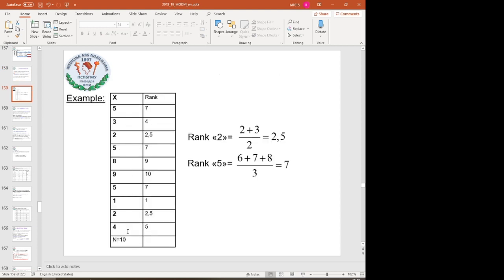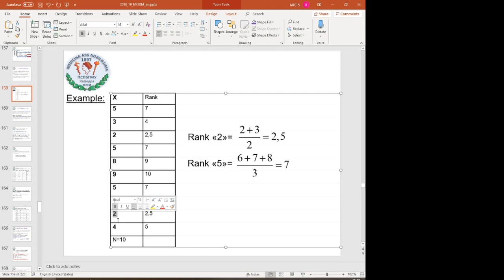Let us have 10 measurements, and some of them are the same. So here for the third patient and for the ninth patient we have 2, and what else? 5. And for the first patient and for the fourth patient we have 5. So let's give ranks in ascending order.